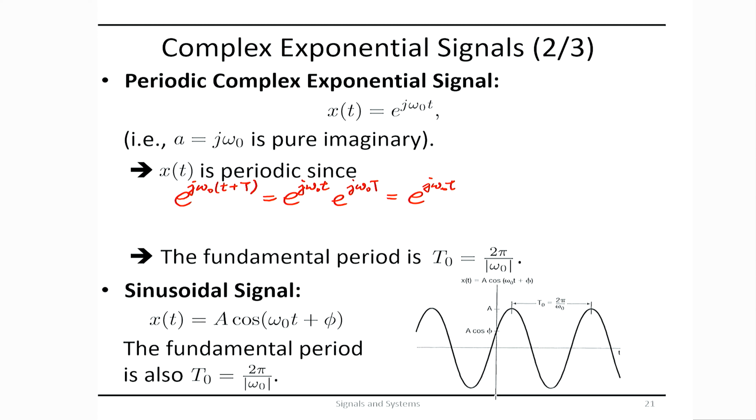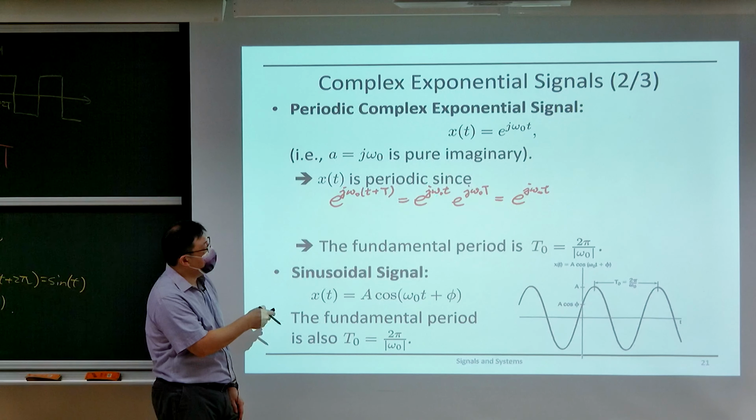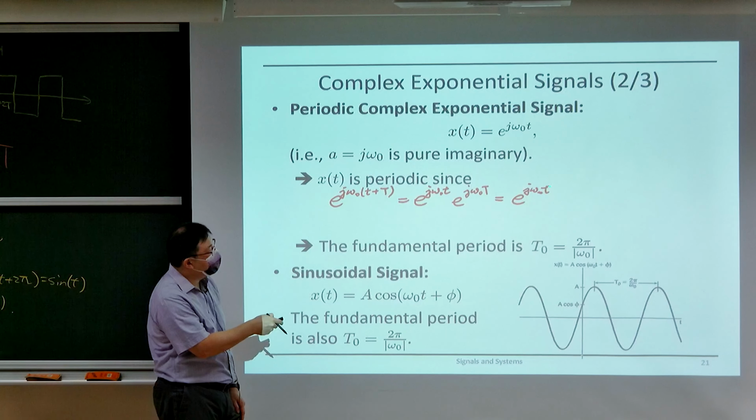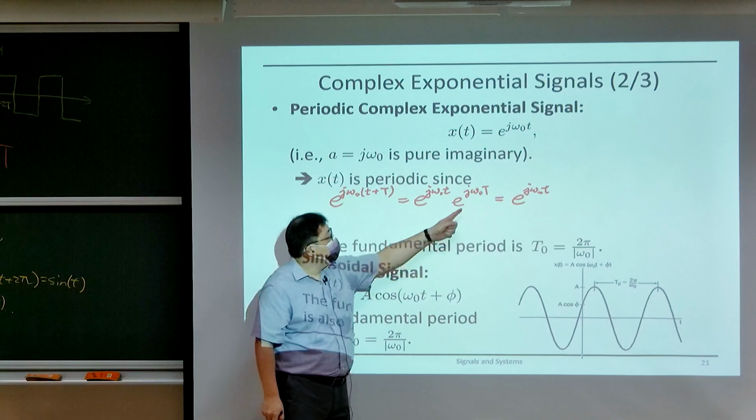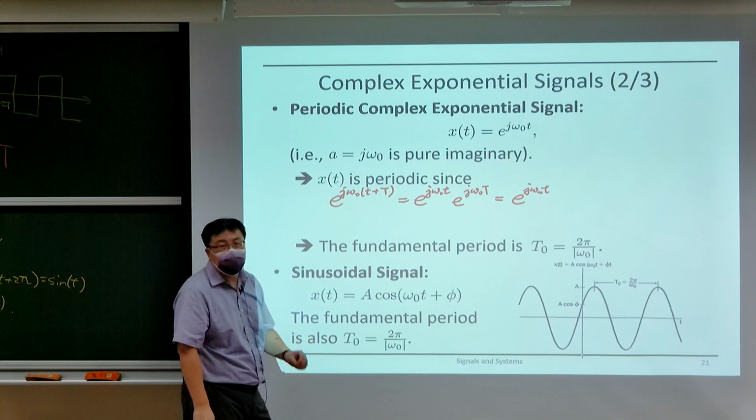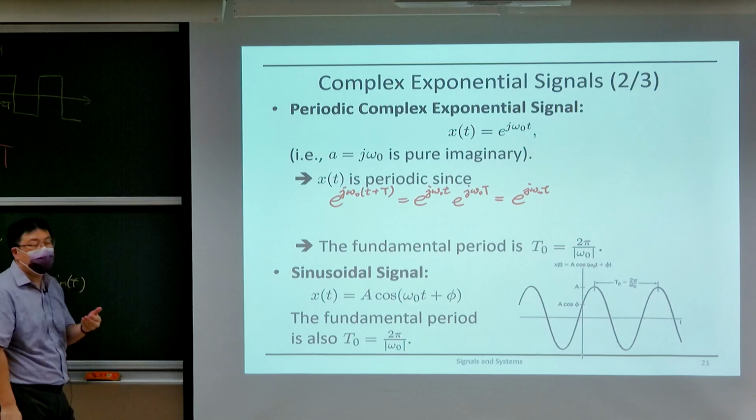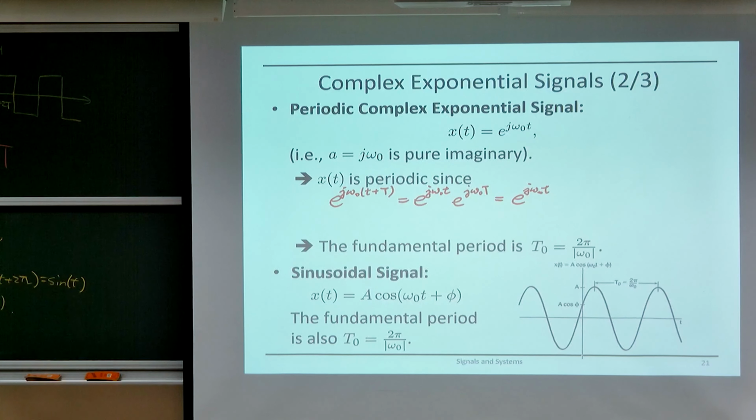And when would this be equal to the original signal, e to the j omega naught t? It would be equal if omega naught times capital T is an integer multiple of 2 pi.